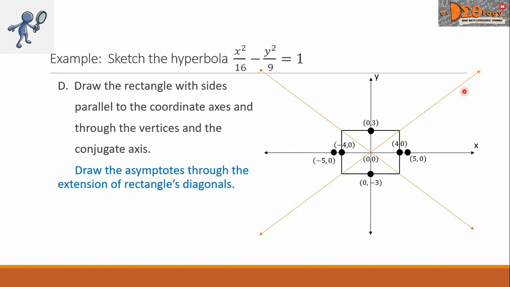So here are the two asymptotes. The equations are y equals plus or minus b over a times x. Substituting the values for b and a, we have y equals plus or minus 3/4 of x.